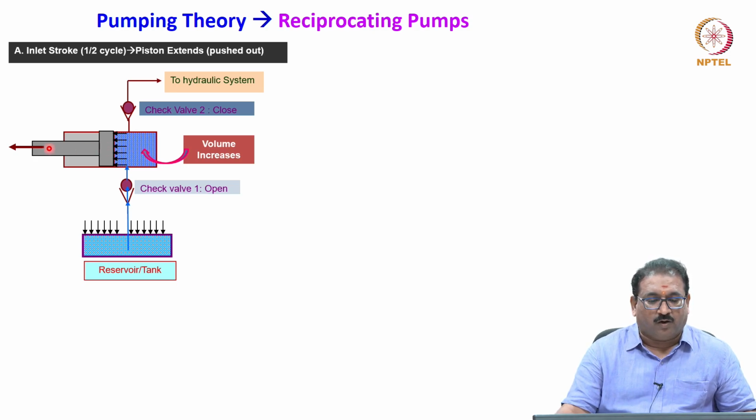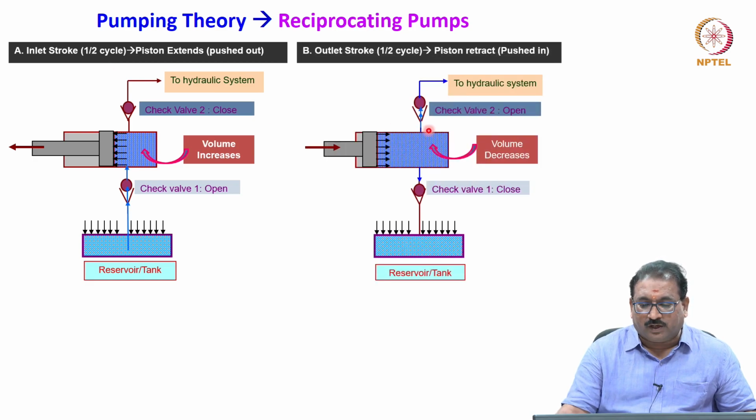When the piston is drawn out, momentarily a vacuum is created here. Also fluid will be drawn in when the piston draws out. The volume increases. This is what you can call the half stroke, half cycle. The complete stroke is the other when the piston is pushed in. Then the fluid present here will pass through the outlet, through the non-return valve, which you can call check valve 2.